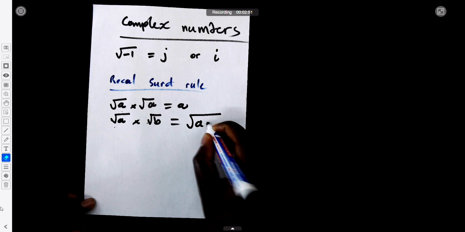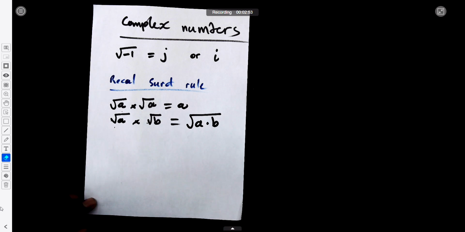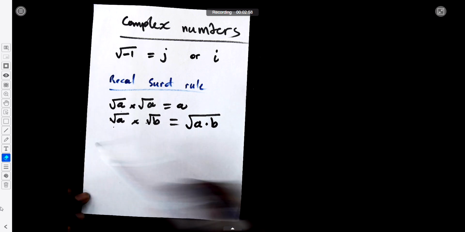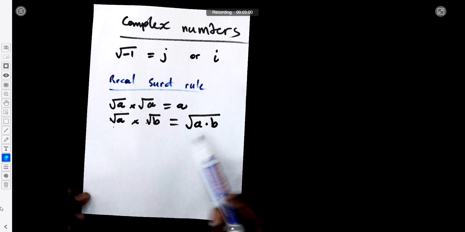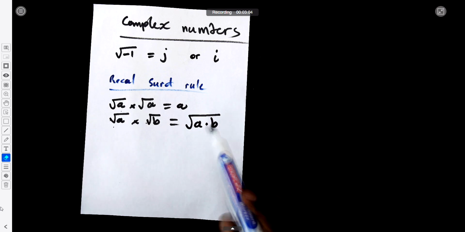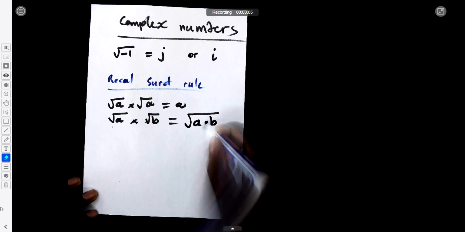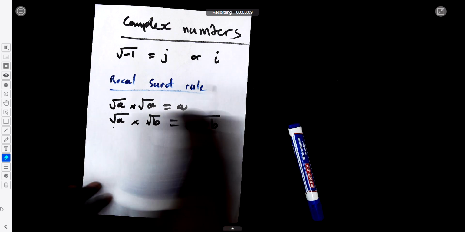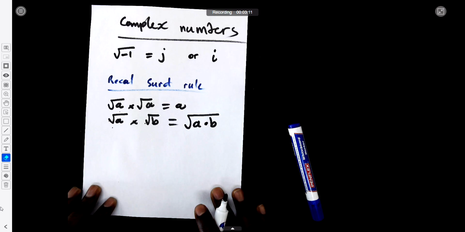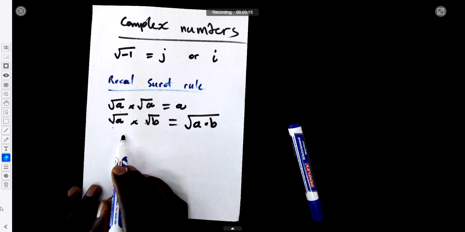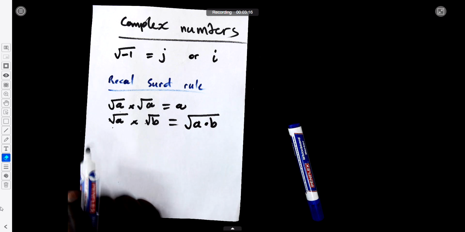We'll say a times b, that is the root. And again, you need to know it from this side to the other side. If you have multiplication inside the square root, I hope it's clear. Only when you have multiplication, you can have the square root of a multiplying the square root of b. From here, you can move to this side. So that is the rule of sets.